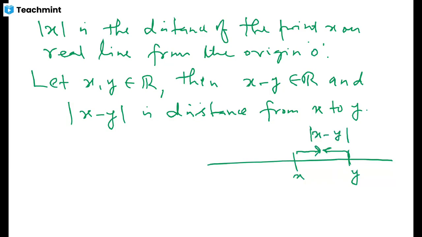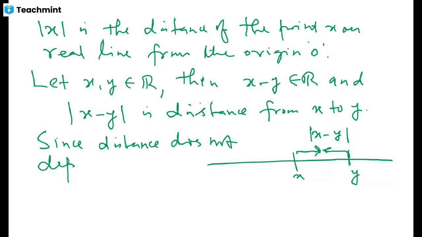But distance has certain properties. Distance is not a vector quantity, since it does not depend on the direction. That means the distance from x to y is the same as the distance from y to x.